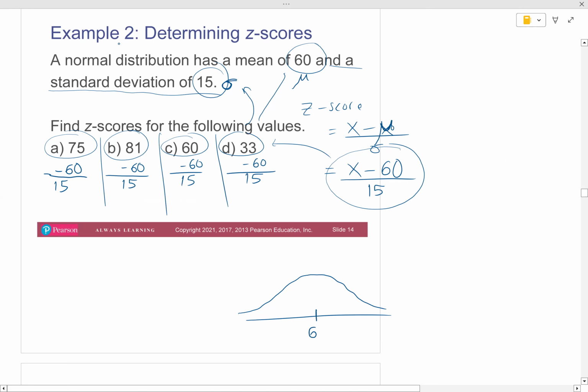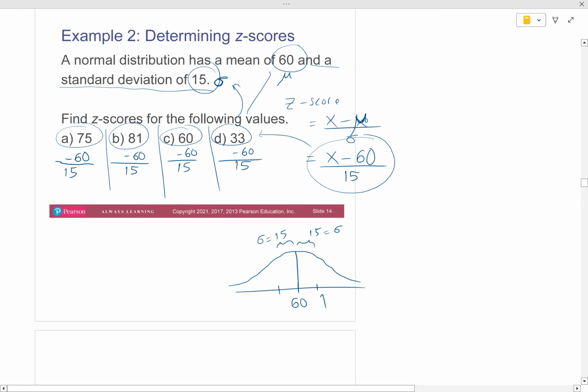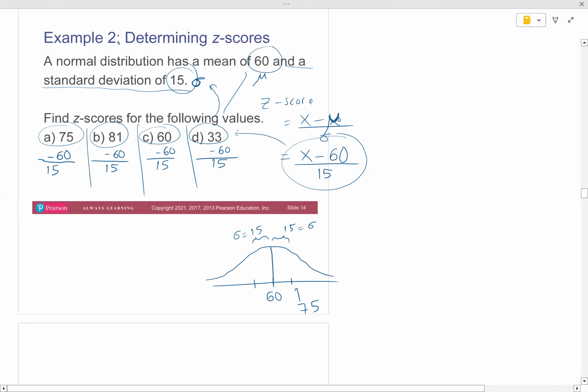That's what they told us. That's right in the middle. And then the standard deviation is 15. So let's say here, boom, boom. From here to here is 15, one sigma. In other words, this value is 60 plus 15, so 75. And this value here is 60 take away 15, because we're going to the left, which means it's smaller, so 45.